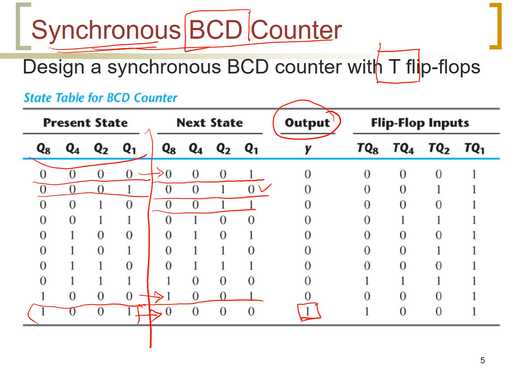If we call the flip-flops Q8, Q4, Q2, Q1 respectively, where Q8 is the most significant and the Q1 is the least significant, we can easily derive the values of the flip-flop inputs, which is TQ8, TQ4, TQ2, and TQ1.